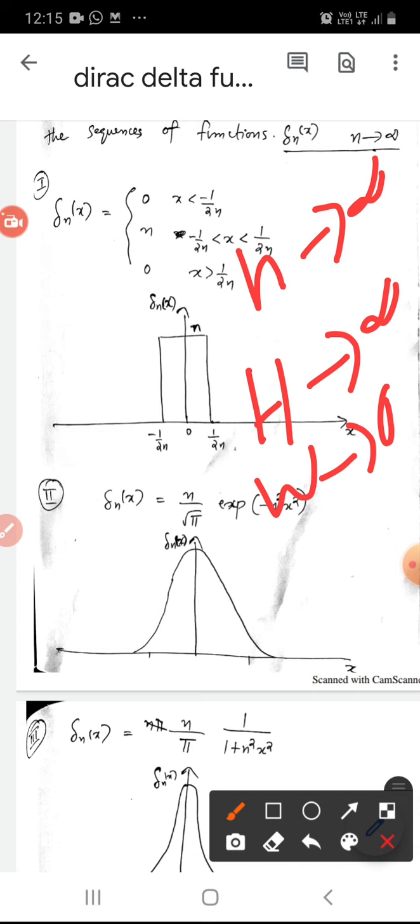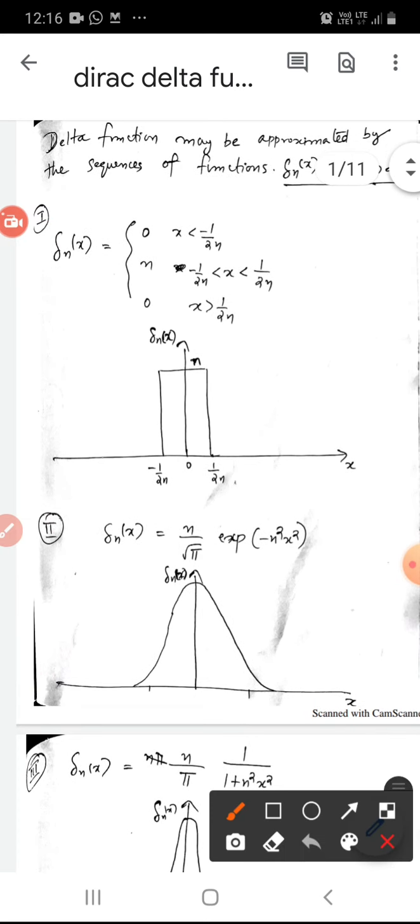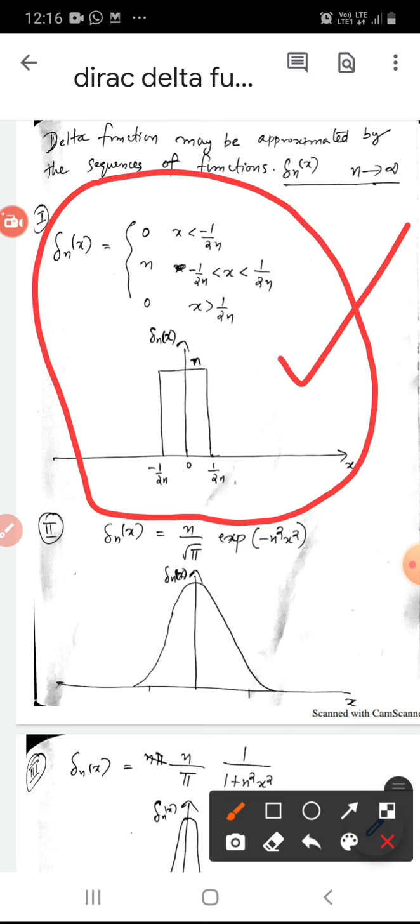As we define the property of the Dirac delta function, the height at x tends to 0 tends to infinity, and the width tends to 0. The area is 1, unity.